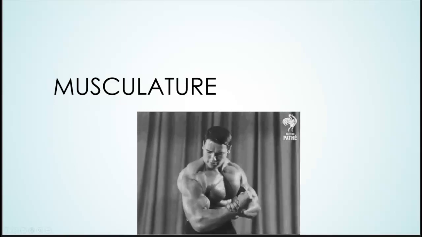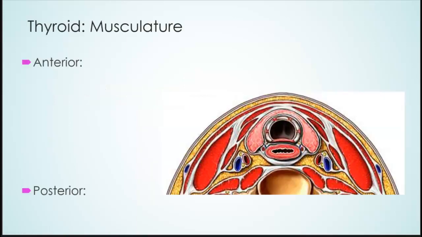All right, so let's talk muscles. I'm going to break them up by anterior and posterior muscles. So the first anterior muscles we have are going to be referred to as our strap muscles, and they're going to be anterior to the thyroid right here. First strap muscle is going to be these paired little muscles here, very superficial.